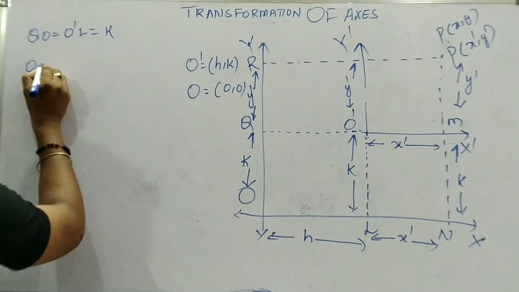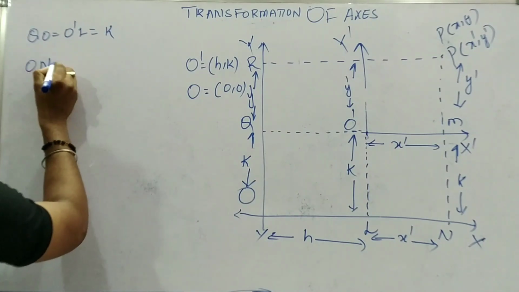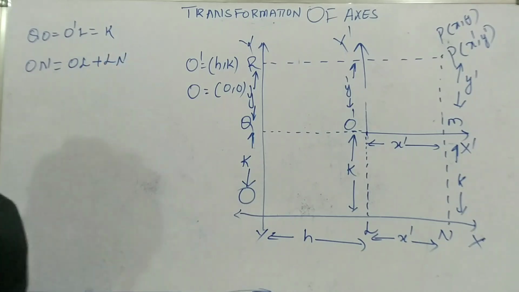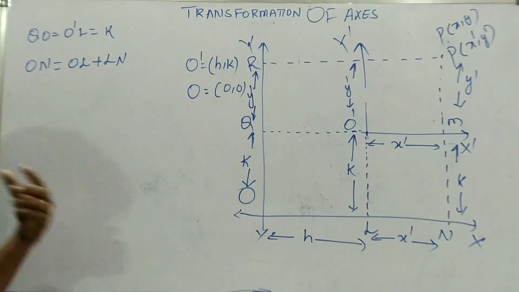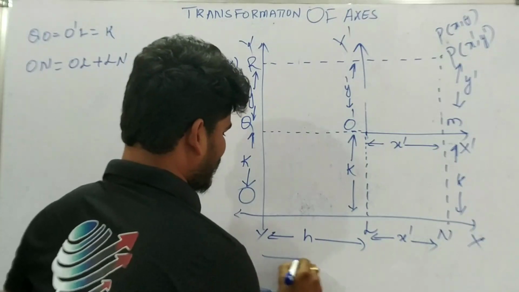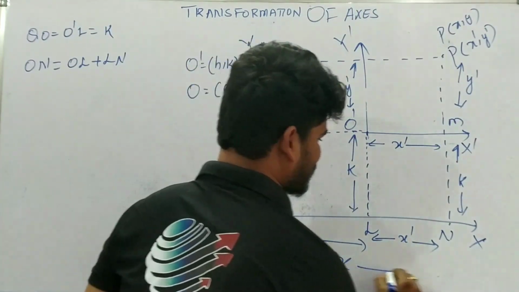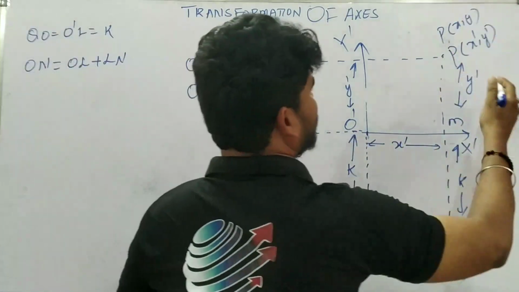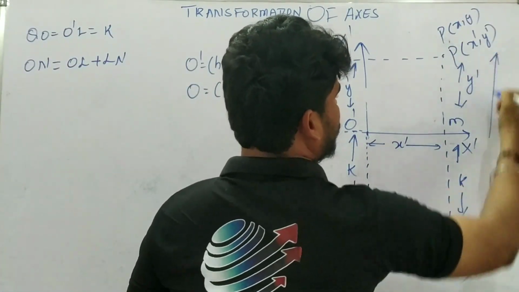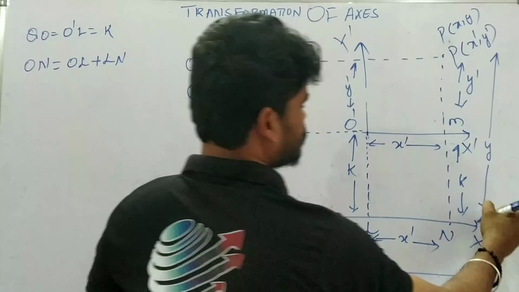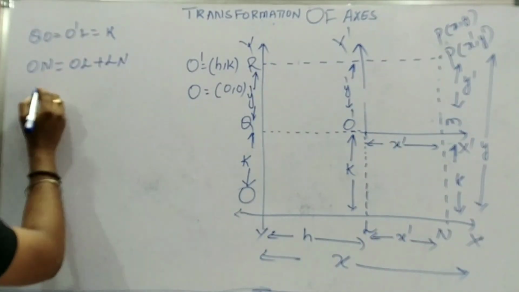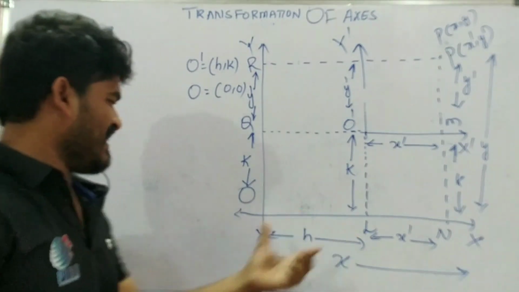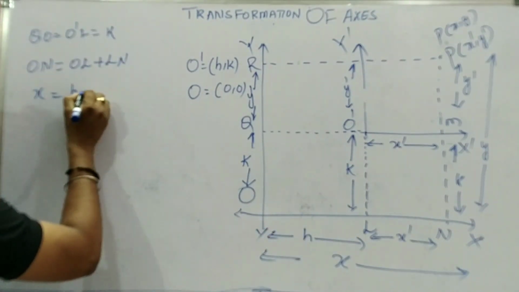In the same way, ON equals OL plus LN. What is ON? We know this is X, the main axis. So ON equals x, which equals OL, which is h, plus LN.